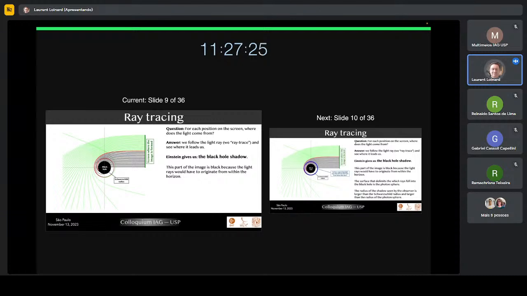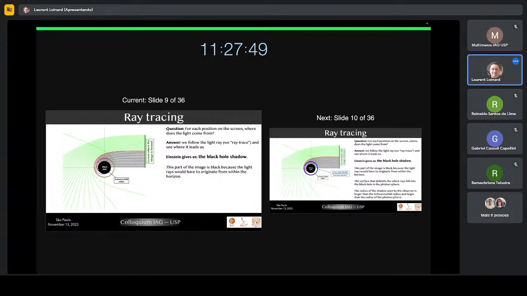The reason it's larger is because even these light rays here, which if gravity were not present would go straight and miss the black hole, will curve because the space-time is curved near the black hole, and fall inside of the black hole. So the shadow size is actually larger than the angular size of the Schwarzschild radius.